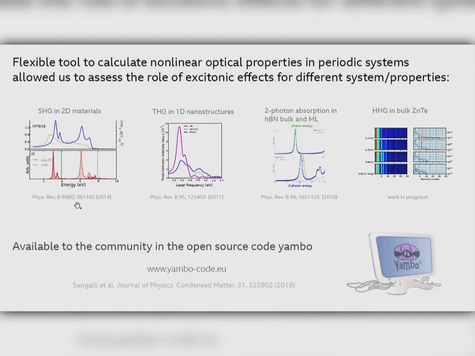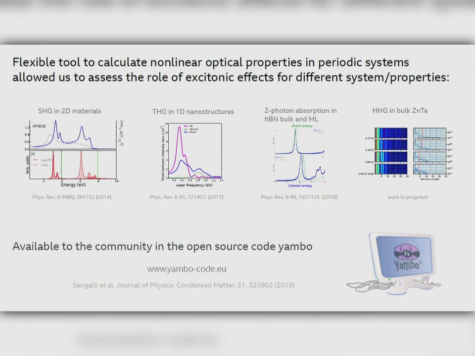So this concludes my presentation. To conclude, I showed you that we have a flexible tool, flexible because we have the same equation of motion, and by changing the input and the post-processing, we are able to access different spectroscopies.